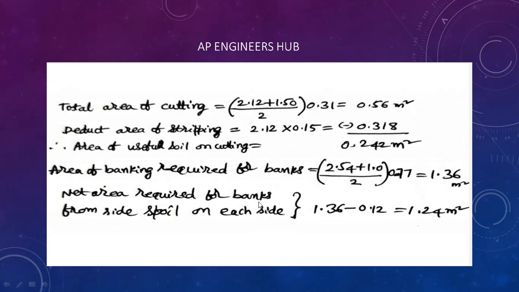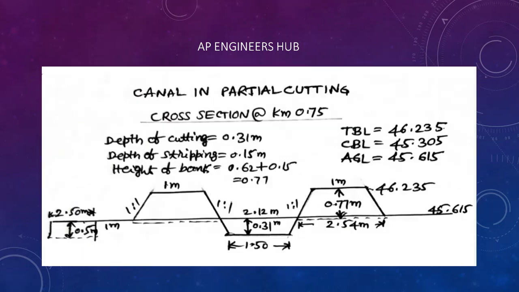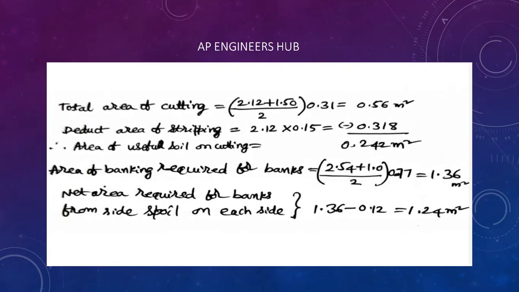Net area required for banks from side spoil on each side is 1.36 square meters minus 0.12, which is equal to 1.24 square meters. This 0.12 means 0.242 by 2, one side.